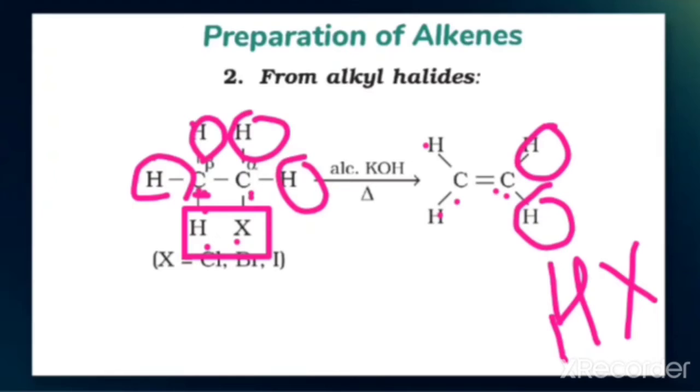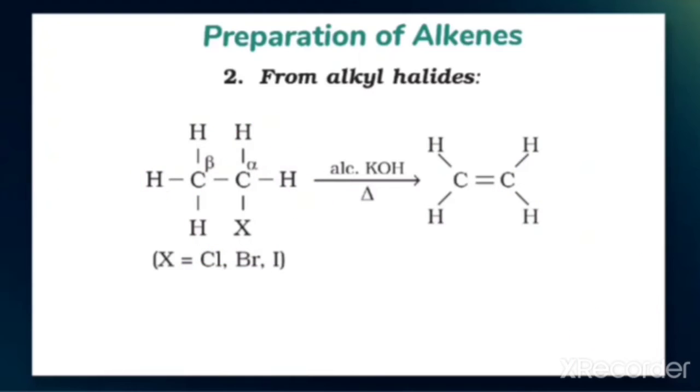So this is the method you need to follow to make the product. First you have to identify the halogen and remove one of the beta hydrogens. Then you can easily frame the product by keeping a double bond between the alpha and beta carbon, because here only 2 carbons are there, one alpha and the other beta. So the double bond is formed here.